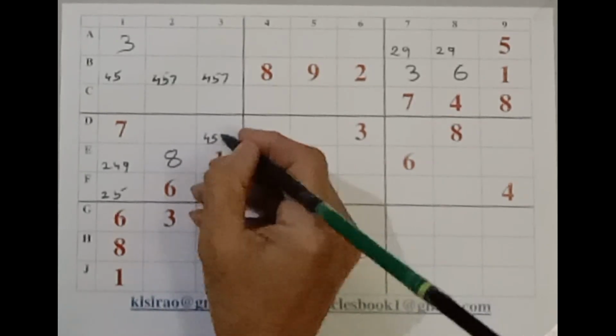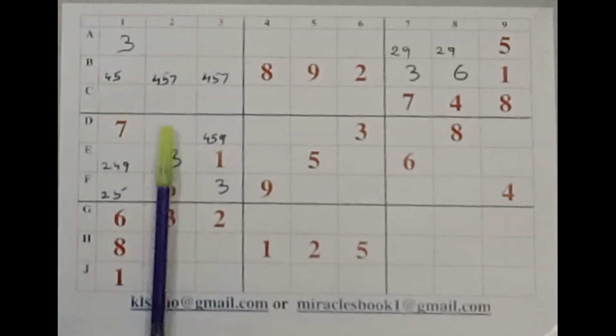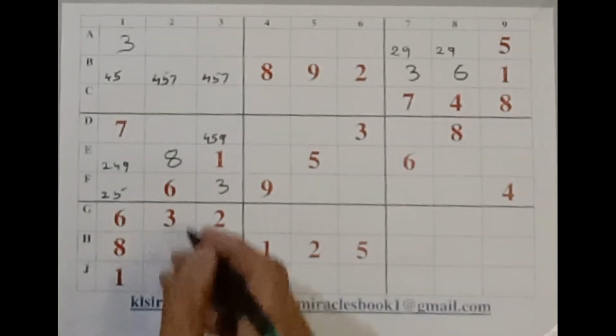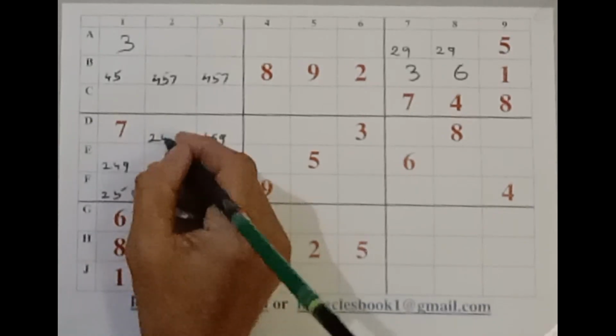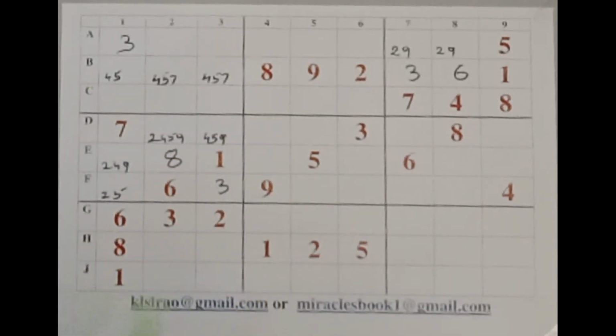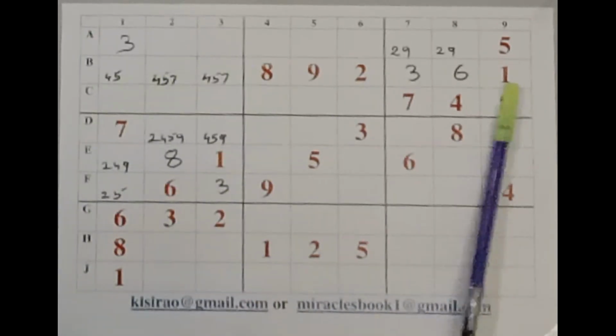And here, no cross check, 2, 4, 5, 9. All 4 numbers here. Now we may not complete this strip.